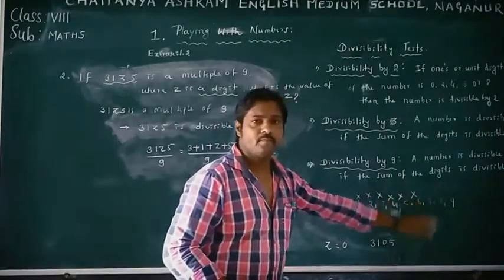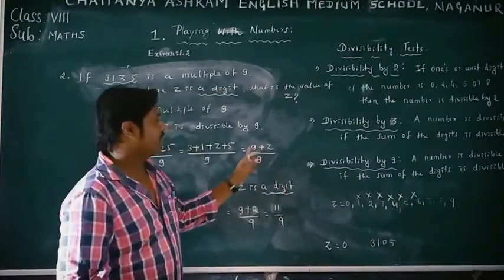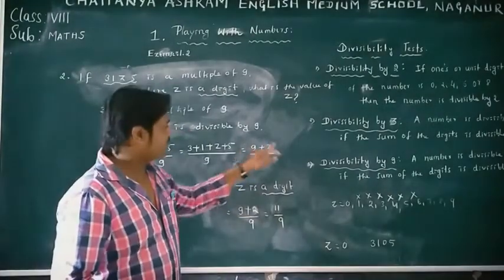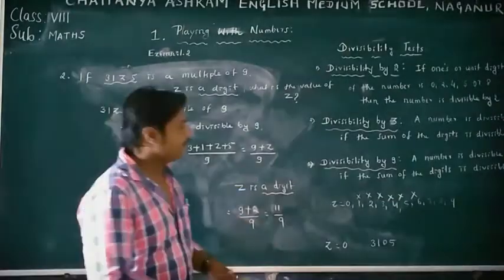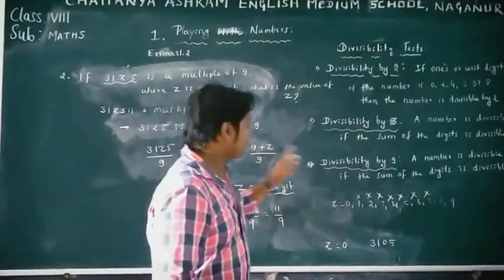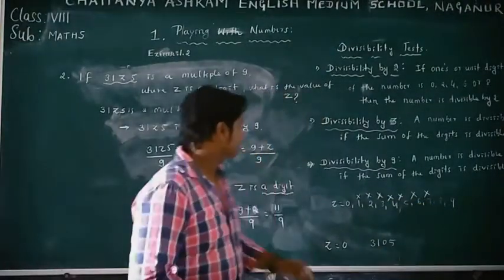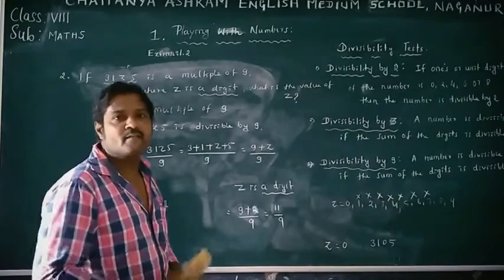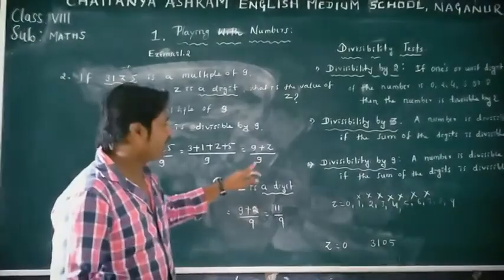Take Z equal to 7. 9 plus 7, how much? 16. That 16 is also not divisible by 9. This value of Z is also not possible. Take Z equal to 8. 9 plus 8, 17. 17 is also not divisible by 9.